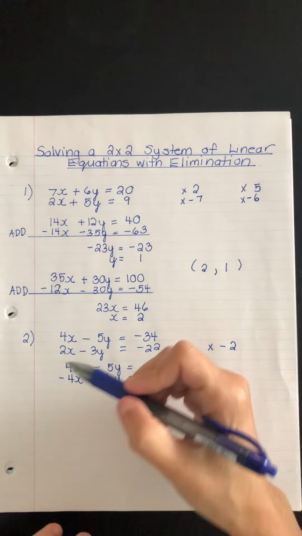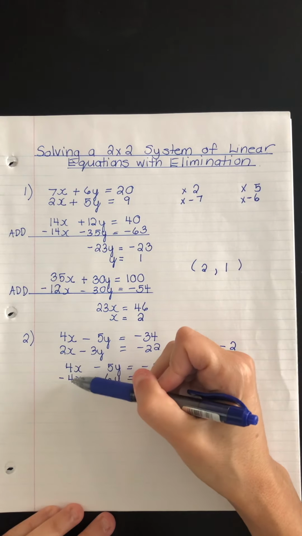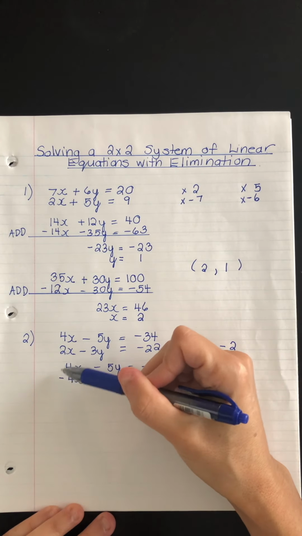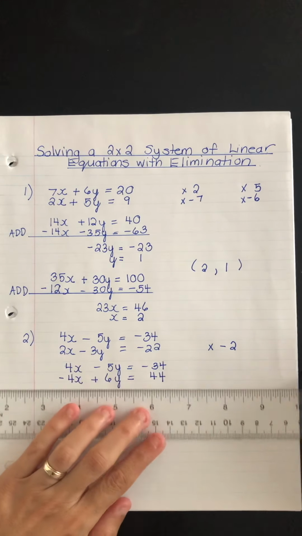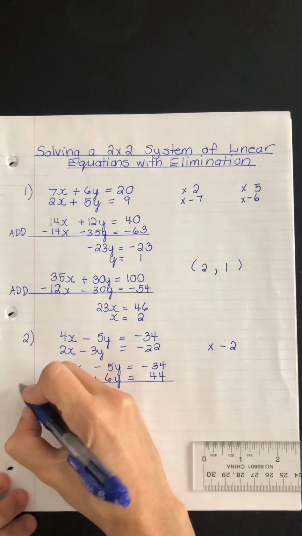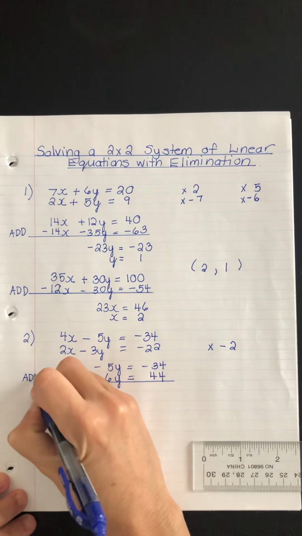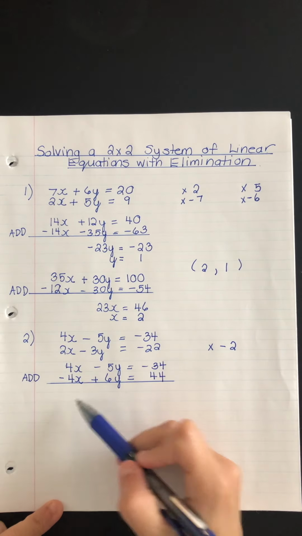I can check to see that, yes, I do have the same coefficient with opposite signs. One is positive, the other is negative. So this means that I can now add the equations together. And x will be eliminated when I do this. I have 0x.